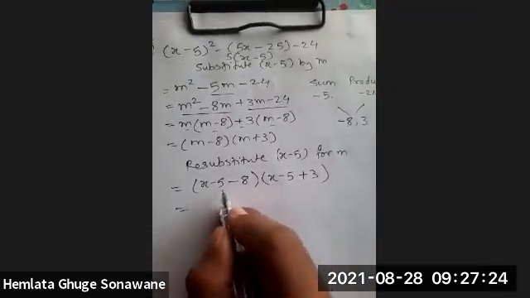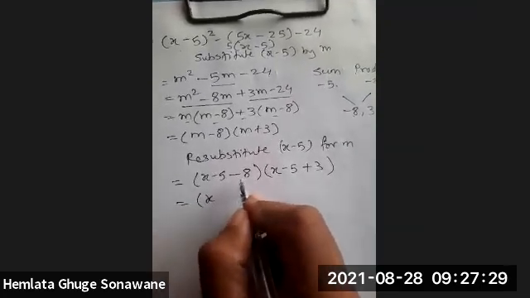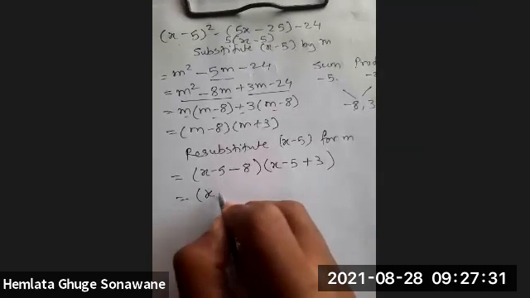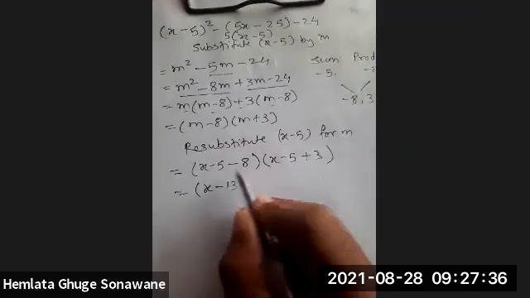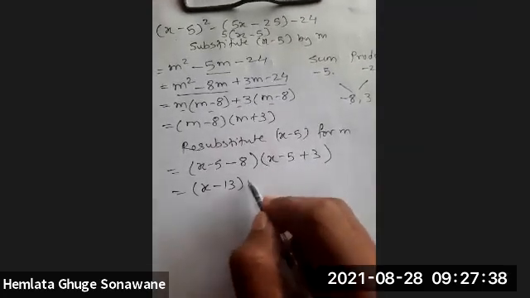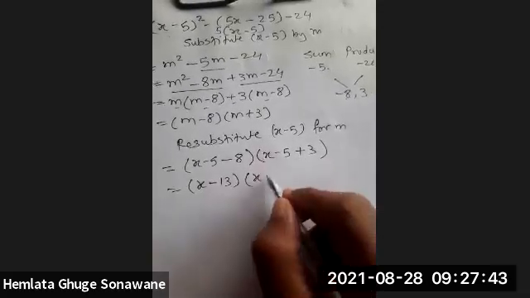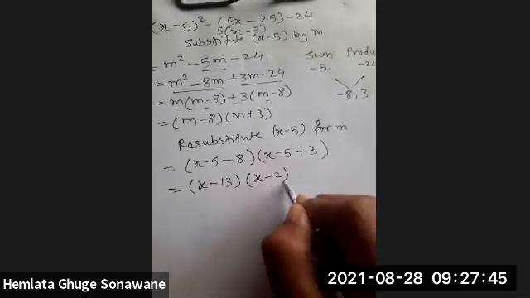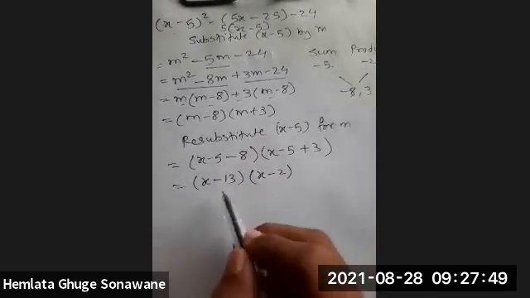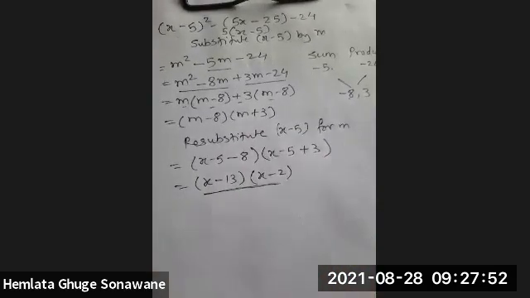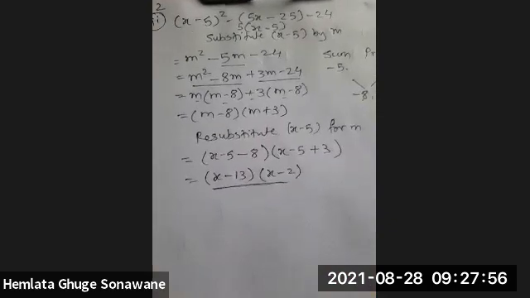Now here we can simplify this. x minus 5 minus 8 becomes x minus 13, since minus minus becomes plus, so we add 8 and 5. And x minus 5 plus 3 becomes x minus 2. Okay. So we have got the factors for the given polynomial as x minus 13 and x minus 2.